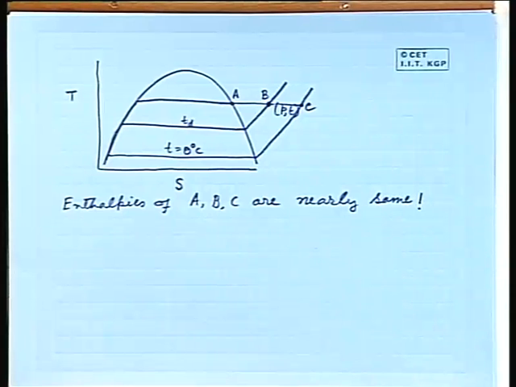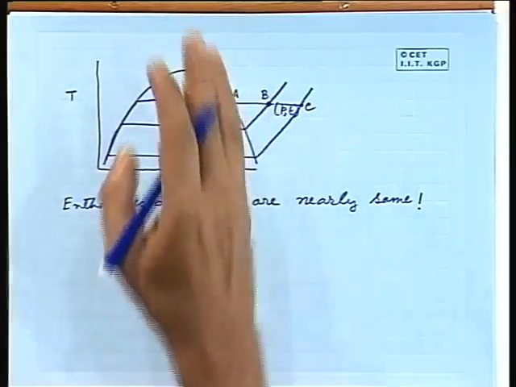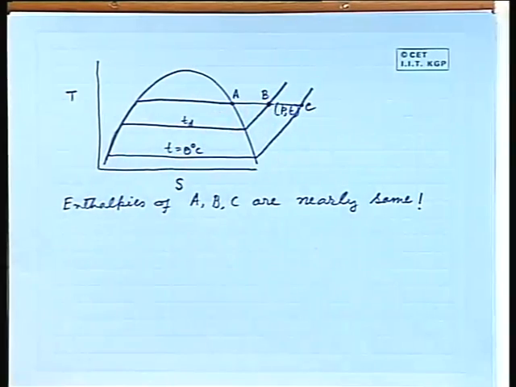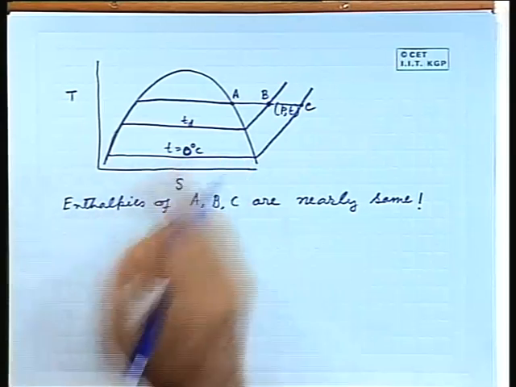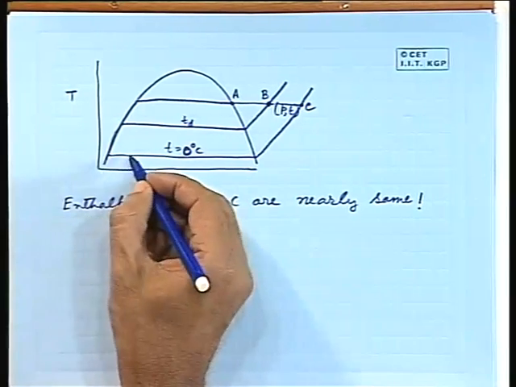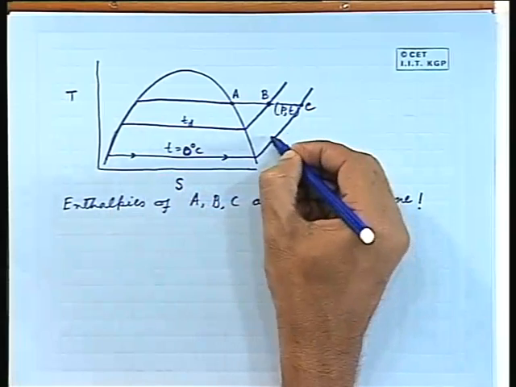So, if it is so, then every time I take a different temperature, I have to take different values of latent heat of evaporation. Instead of doing this, I can take this 0 degree C for the calculation of enthalpy. That means, I can take this route of calculation.